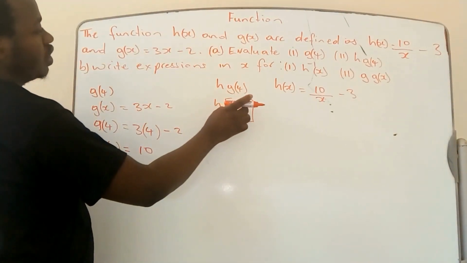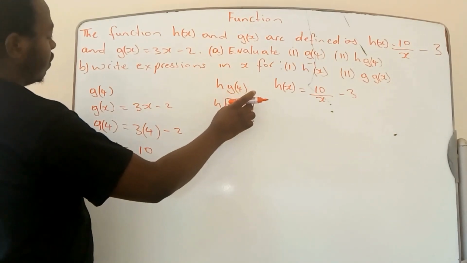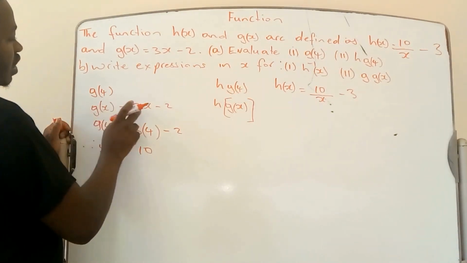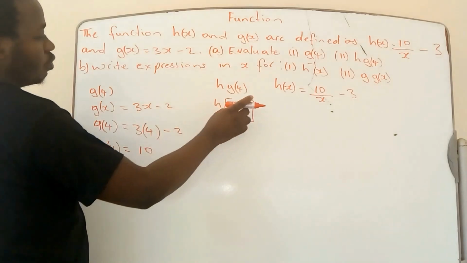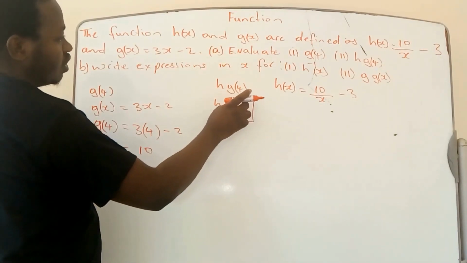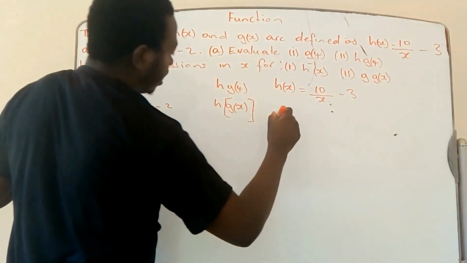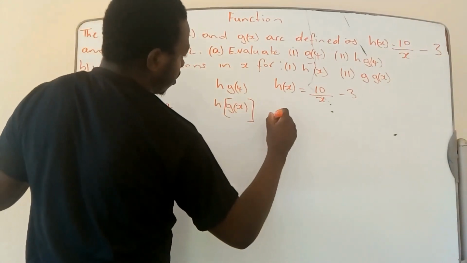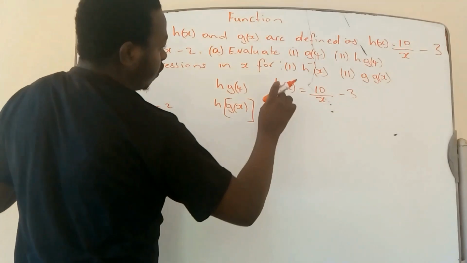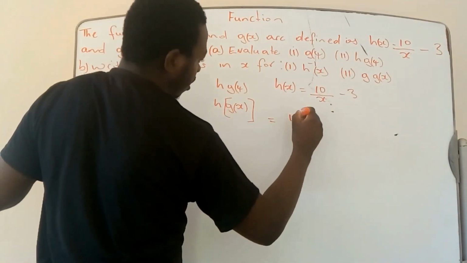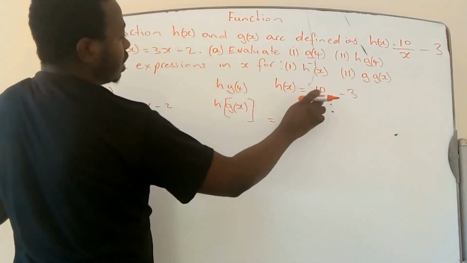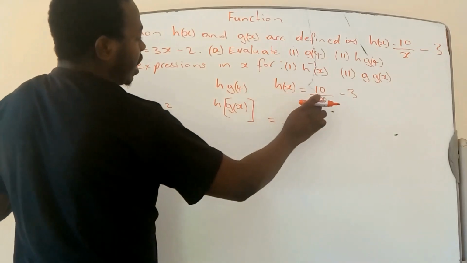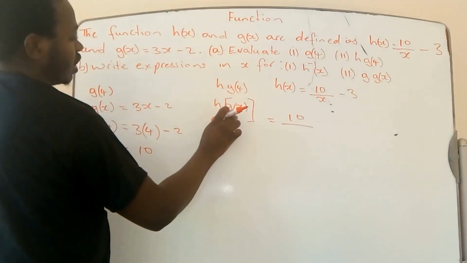So if we are putting in the function g of x, we know that g of x is just equal to 3x minus 2. If we put g of x into the function h of x, then h of g of x is equal to the function h of x, which is 10 over, instead of putting x, we are going to replace x with the function g of x.